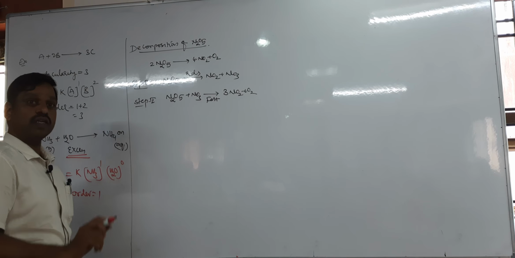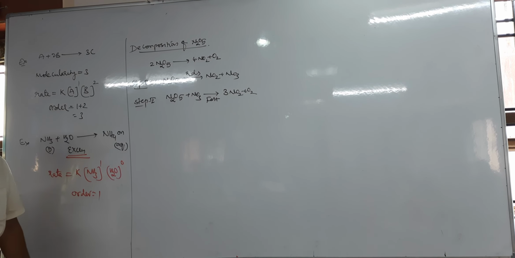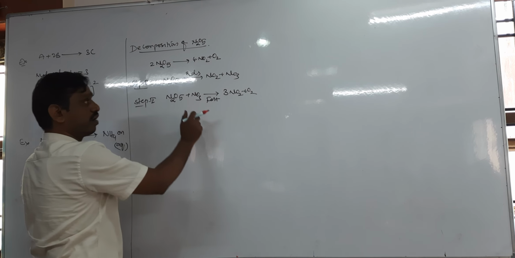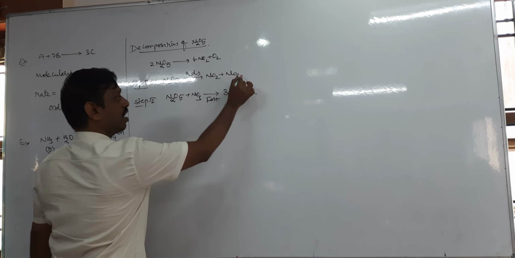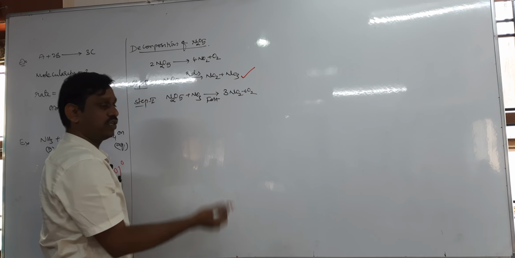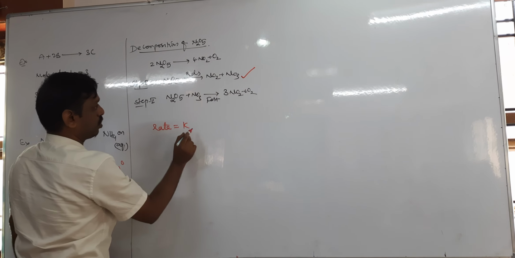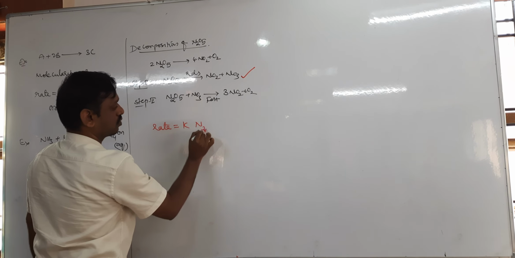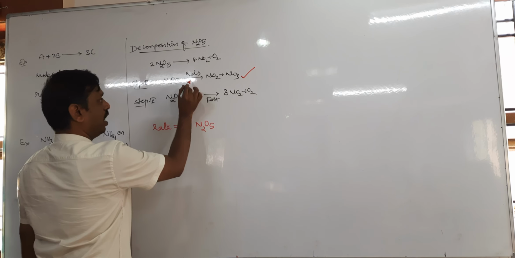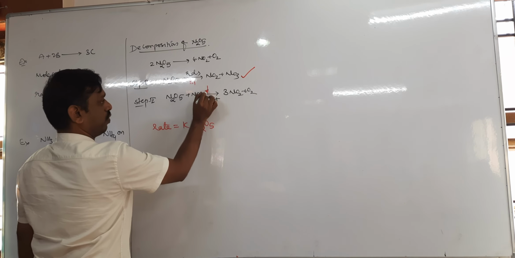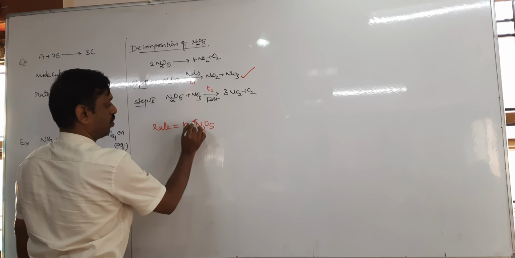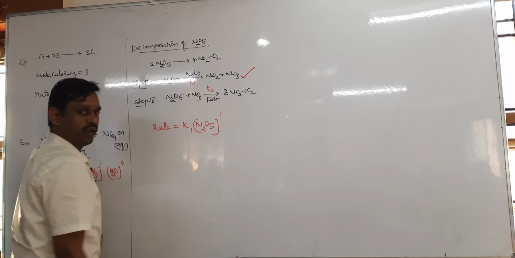Now tell me, write the rate equation. Whether rate law is applicable for the first or second step? Rate law is applicable only for the RDS. Therefore, according to rate law, rate equals k1 into [N2O5] power 1.